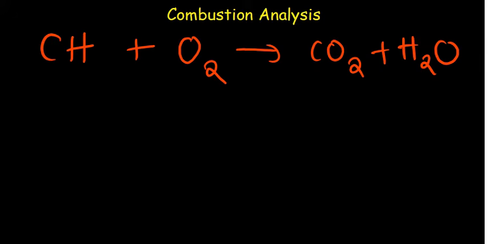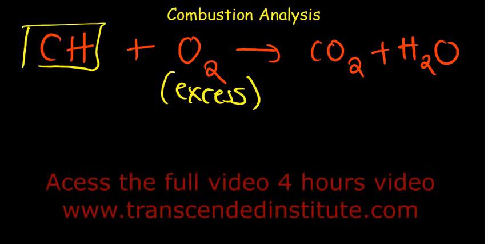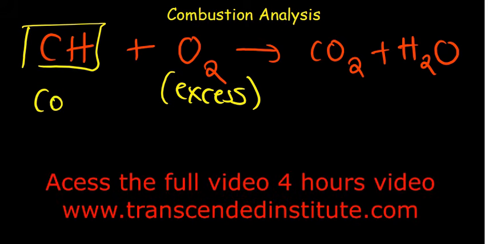So the key things to note are the oxygen should be in excess, and this compound you should know its constituents or composition, what elements are making up that compound. And then before they start, you need to weigh the mass.